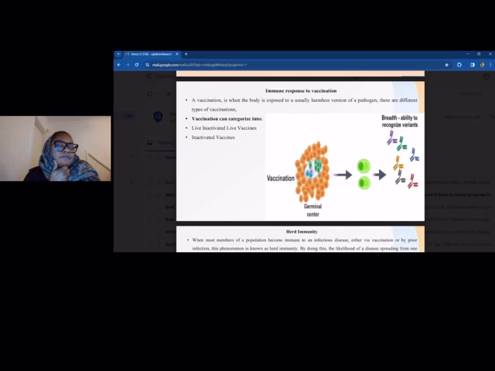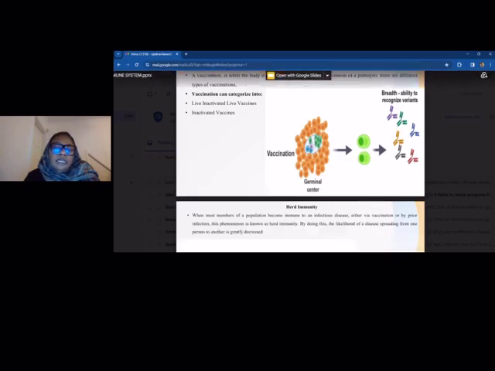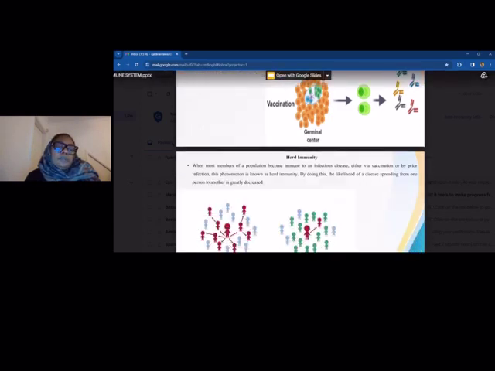People have been taking vaccinations to prevent themselves from illness, and that reduces a lot of sickness and helps the NHS as well, and helps everyone to be vaccinated. So it's the herd immunity: when most members of a population become immune, an infectious disease is reduced.